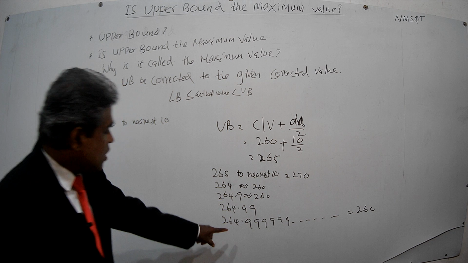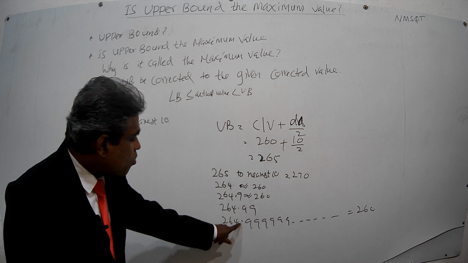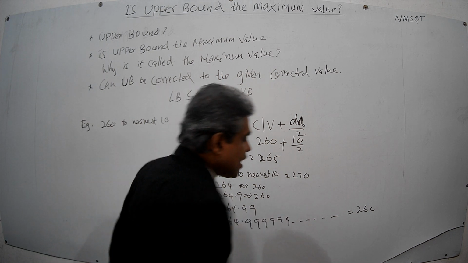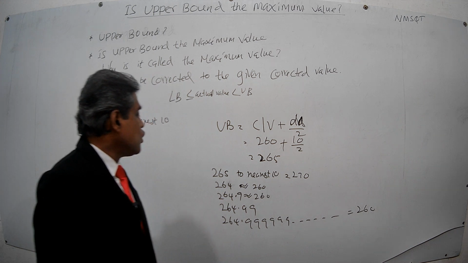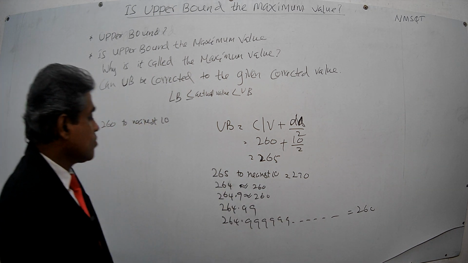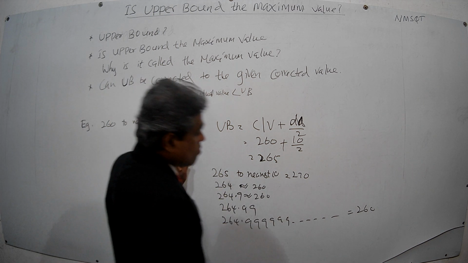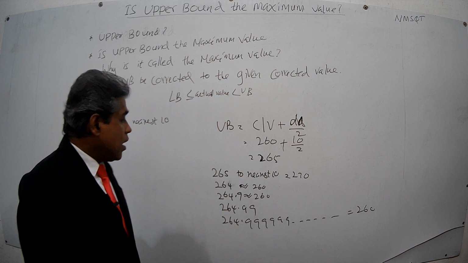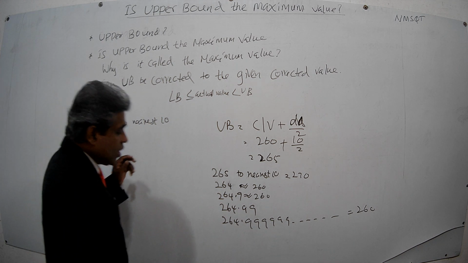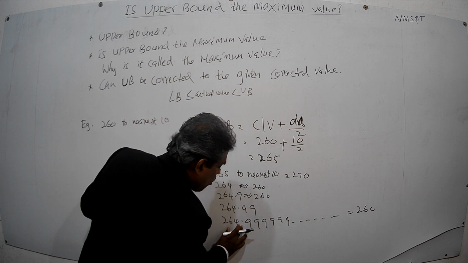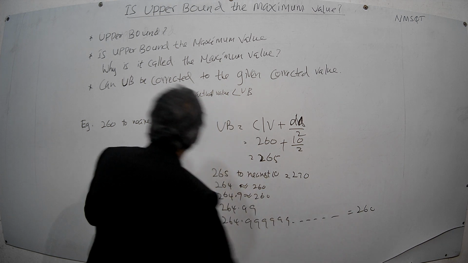Then what is the difference between 264.9999999 and 270? What is the difference between 264.9999 and 260?